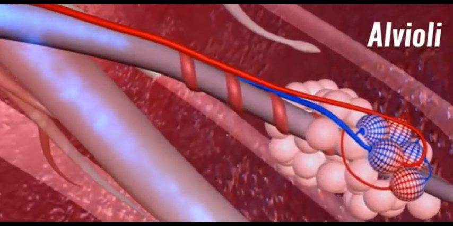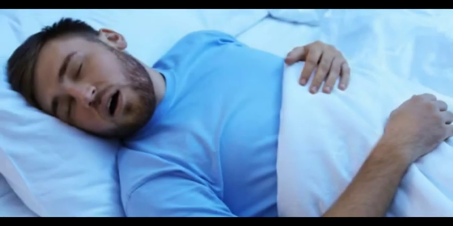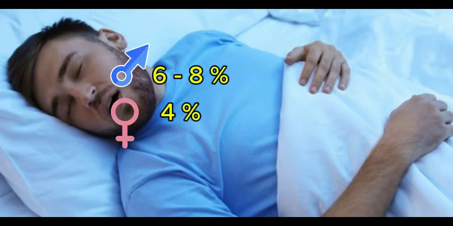Sleep apnea-hypopnea syndrome is a very prevalent disease that affects 6 to 8% of men. In women, 4%, especially after menopause. And in the child population, between 1 and 3% suffer from this disease.